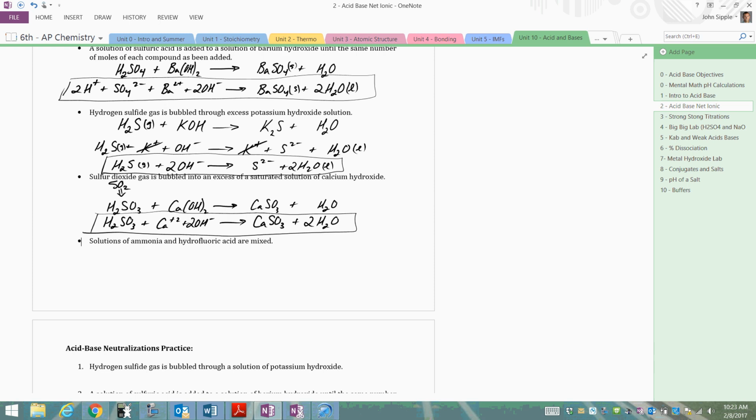All right, so ammonia. Here we go. Let's get going. So ammonia is NH3. And we got hydrofluoric acid, so HF. Which one's the acid, which one's the base?